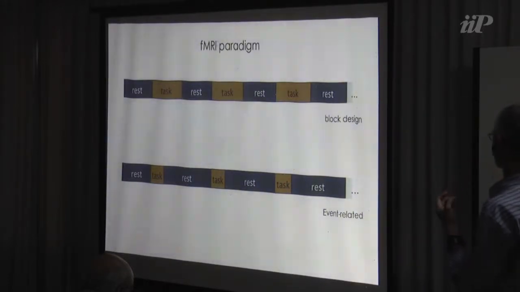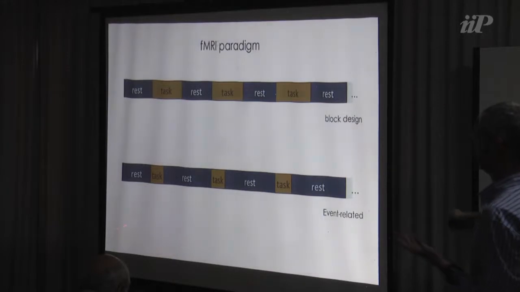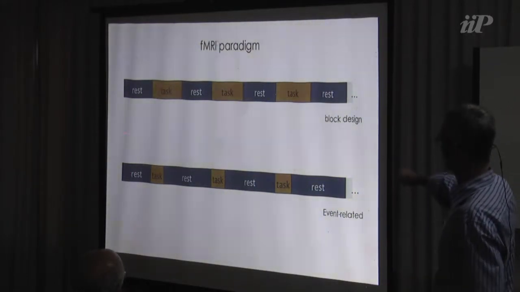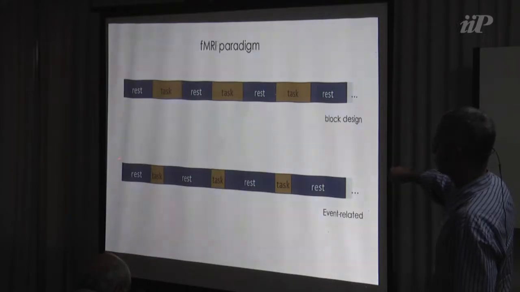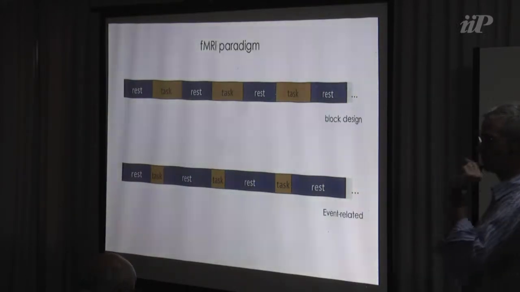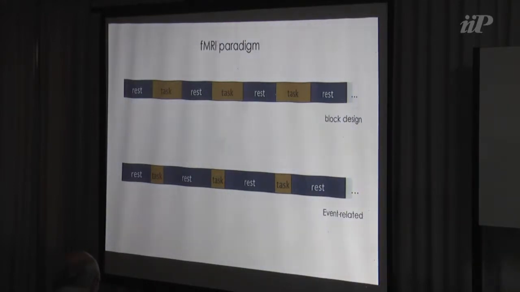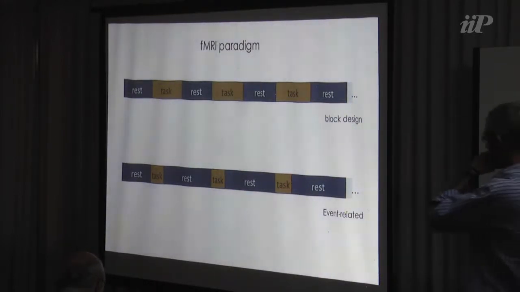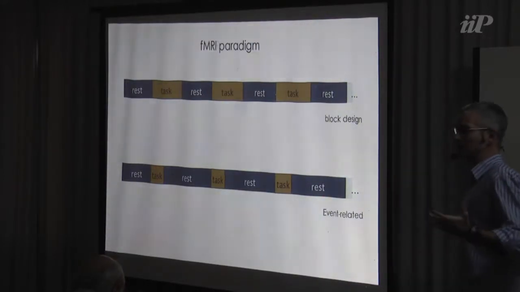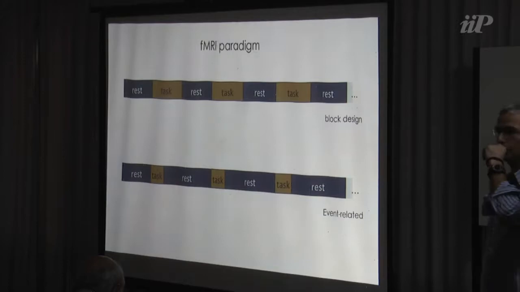In order to circumvent this limitation, there is a second type of protocol called event-related. In an event-related paradigm, the individual rests for a long period of time, and then executes a task for a very short period of time. When we talk about event-related, people who work with humans first think of the event-related potential.